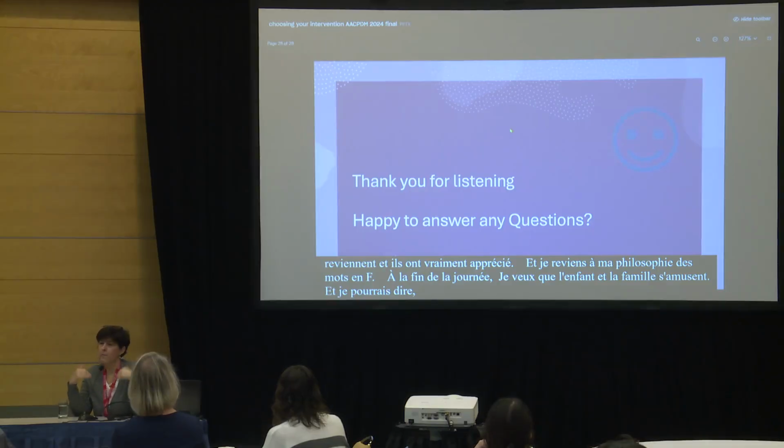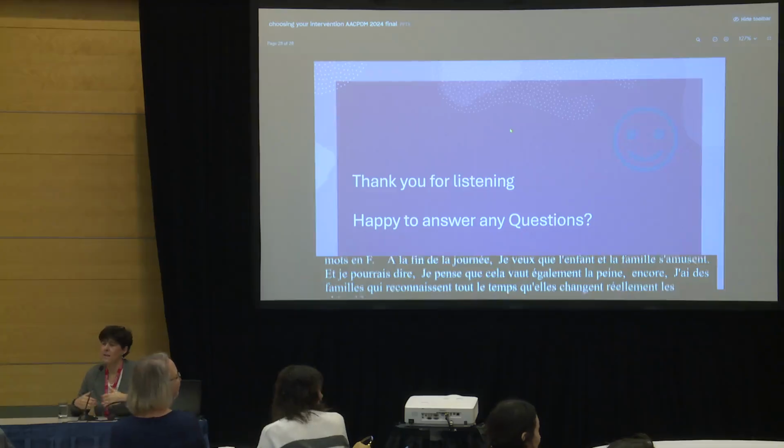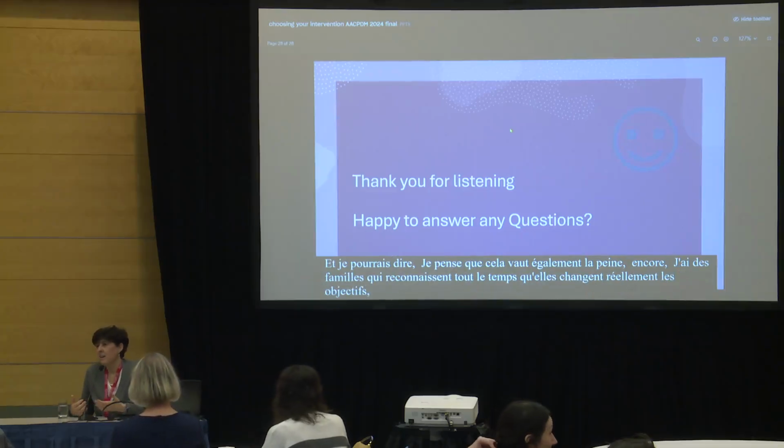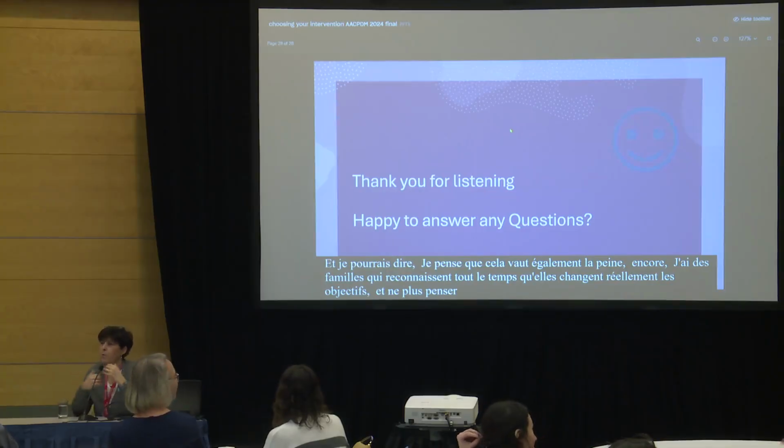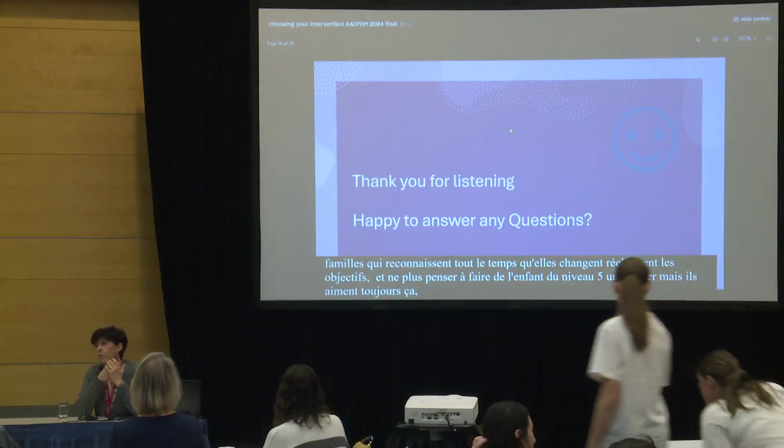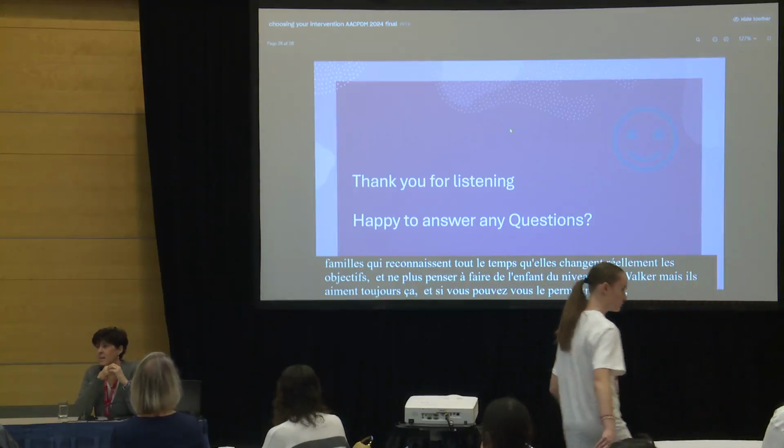I had families who over time recognized that they changed their goals. They're not anymore thinking about making the child in level 5 a walker, but they still like it. By all means, if you can afford it, go, but it takes away maybe the pressure to do it out of guilt.